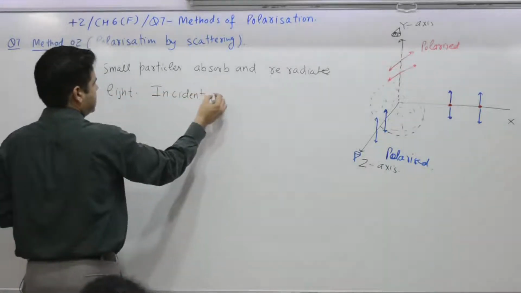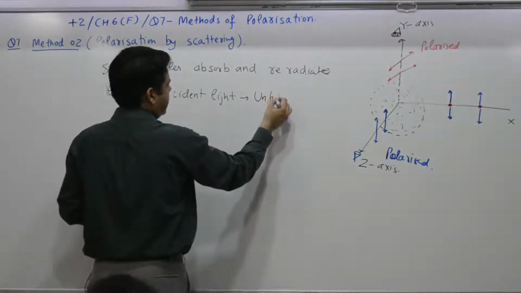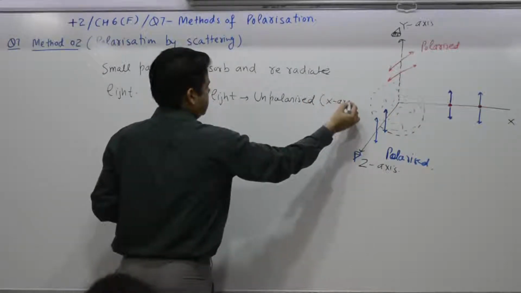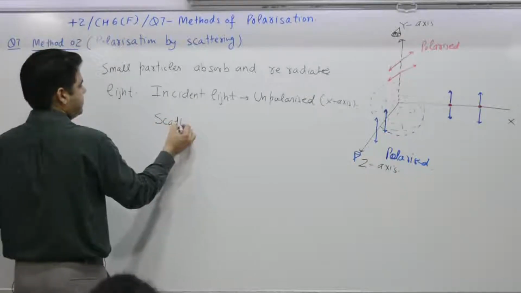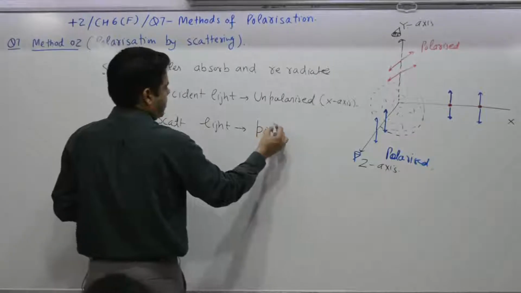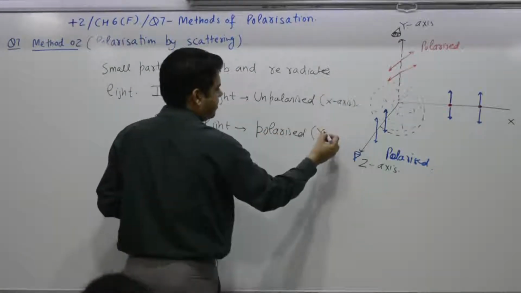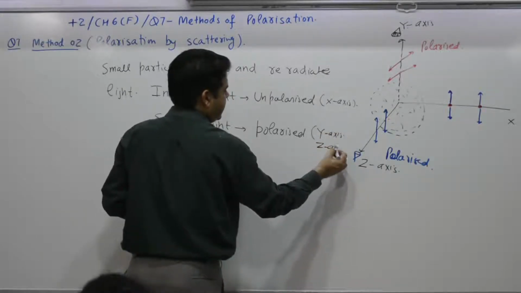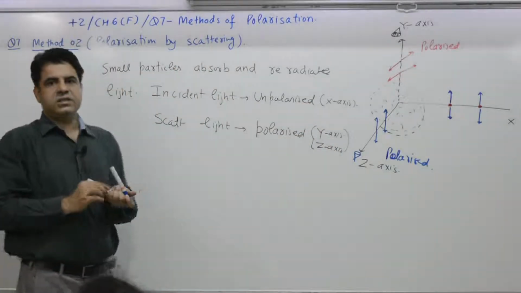Yes, incident light is unpolarized. It is along which axis? X-axis. Then scattered light is polarized along, in this diagram, the y-axis and say the z-axis, or any direction which is perpendicular to the x-axis.